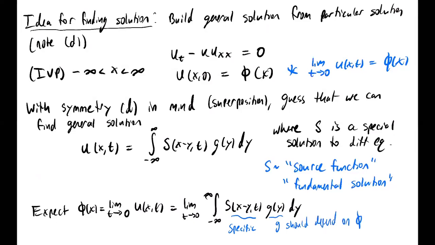It's going to turn out that we can actually take g equal to phi, which we'll see why soon. But at least from some initial observations, if we want this formula to work for S some special function, then in particular, S should not depend on phi, because I want this to work for every initial condition. And therefore, g has to depend on phi in some way. And also, we want this limiting condition to hold, where when I take the limit as t goes to 0 of this integral, I get phi again, right?